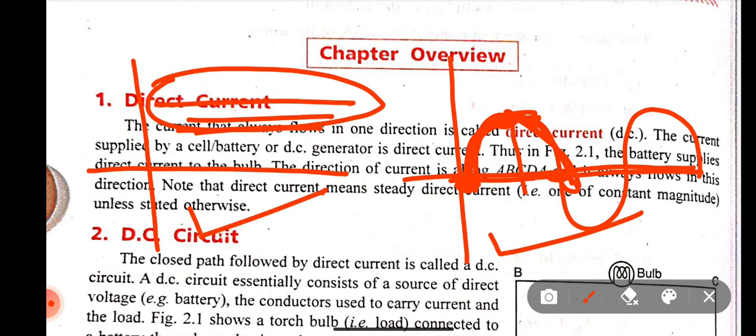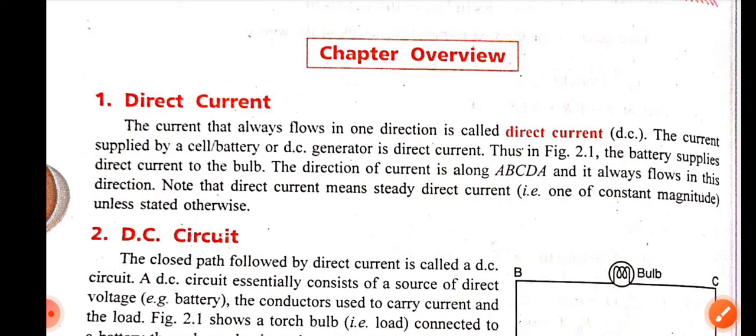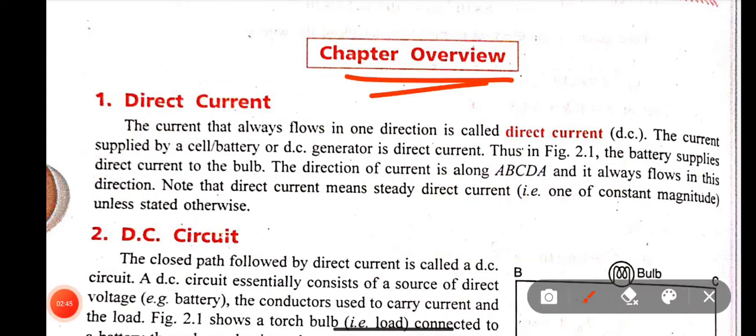First of all, I am not here to give a brief explanation about the chapter. I am here to just give the overview, and I am uploading the videos with competitive exams in mind.